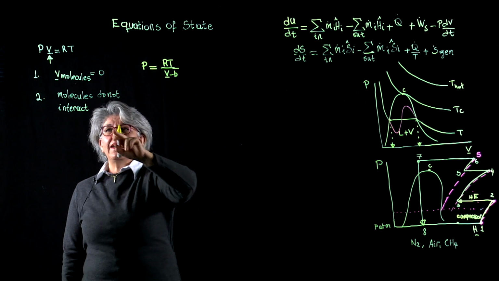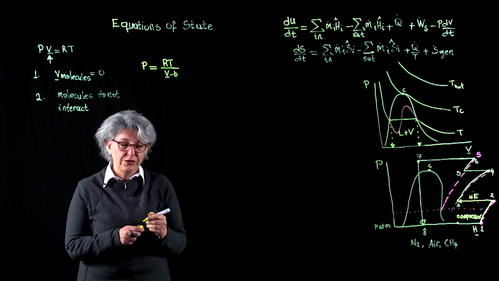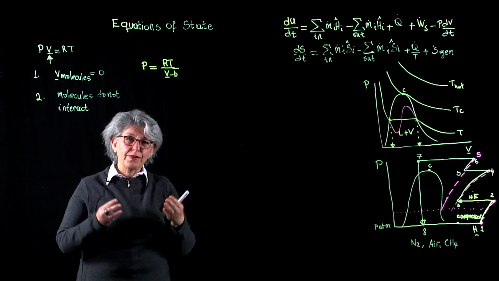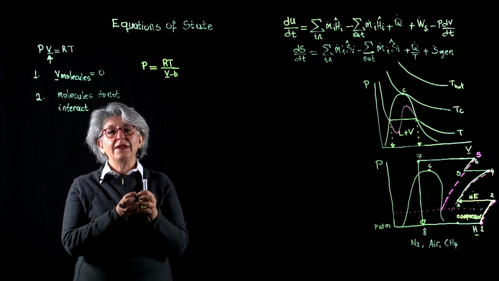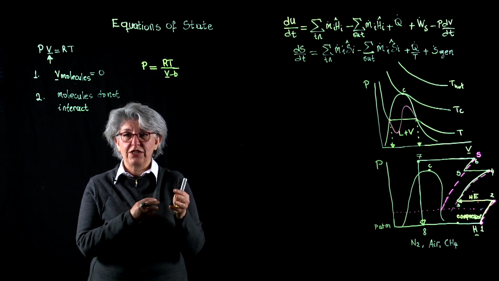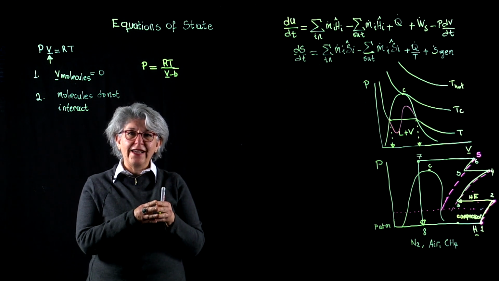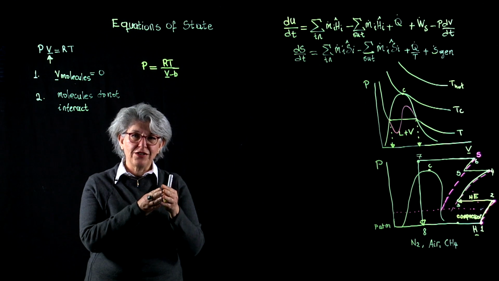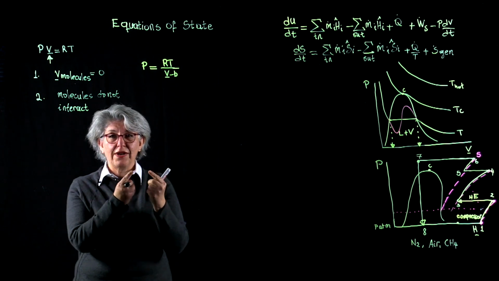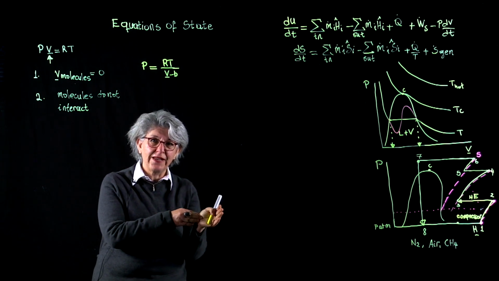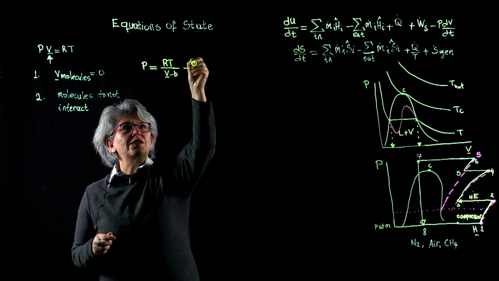This being done, I have to remove the assumption of non-interacting molecules. I know that when I start compressing a gas, when molecules move closer together, their attractive and repulsive fields will be accessible to each other. And those attractive fields can induce a sensed pressure at the molecule site that is lower than the external pressure. So I'm going to subtract for the attractive forces.